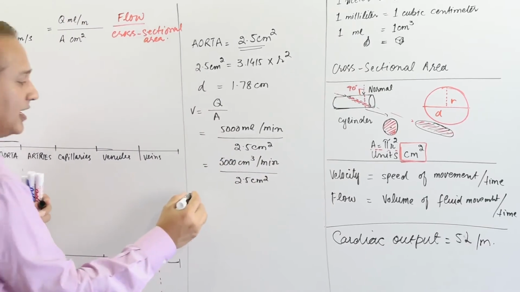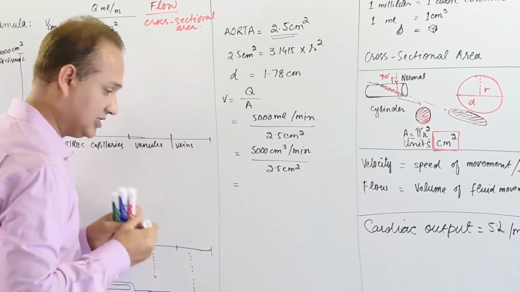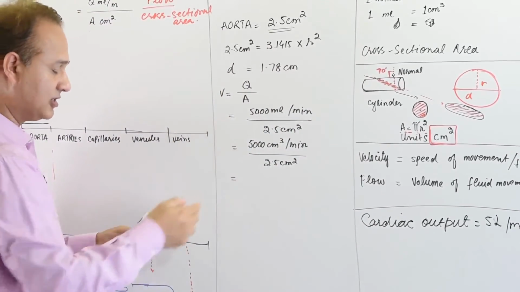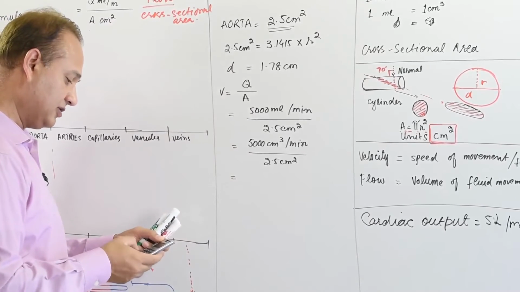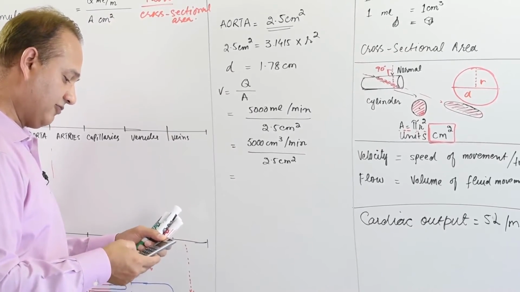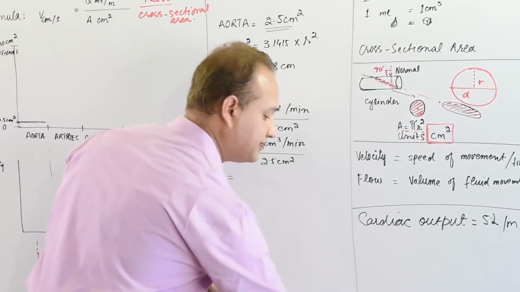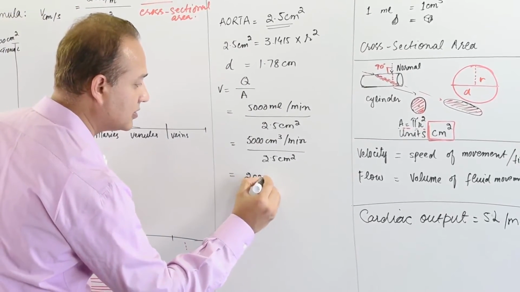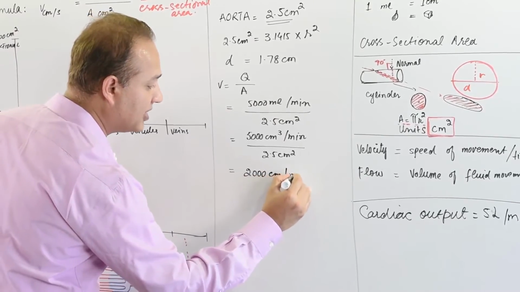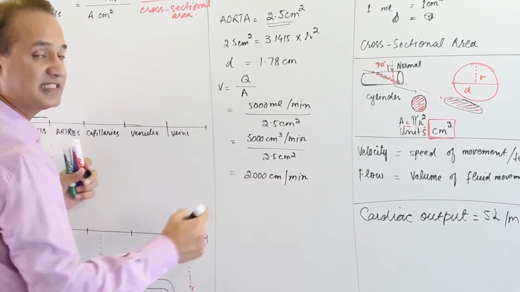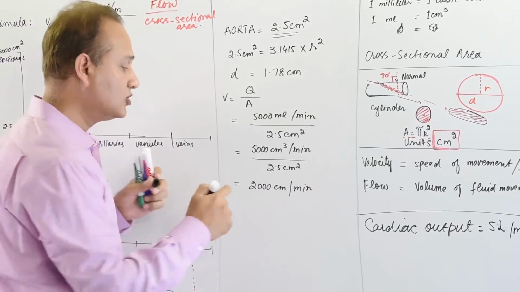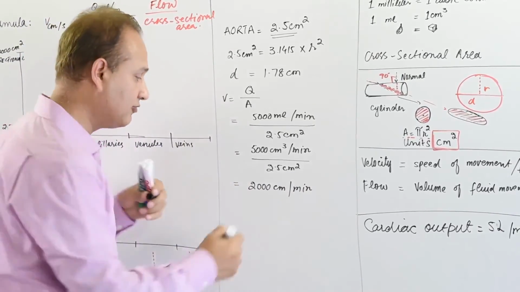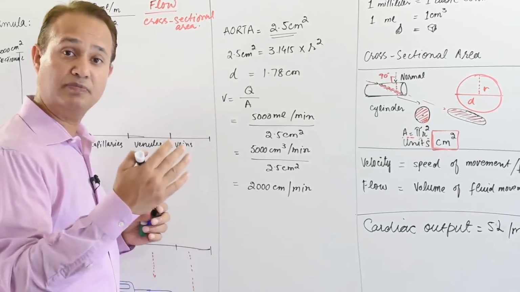If you solve that, it's really 5000 divided by 2.5, which is 2000. So we have about 2000 centimeter per minute. Now 2000 centimeters, centi means 100, so if we divide it by 100, it would come out to be meters.